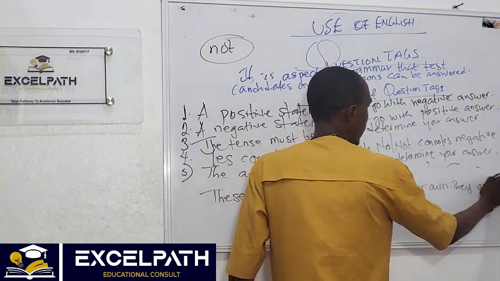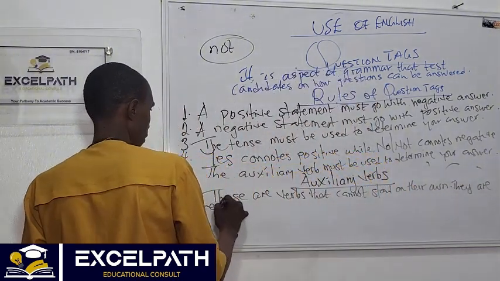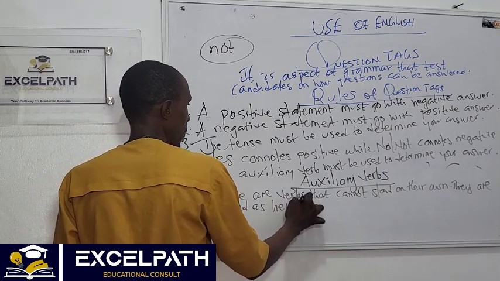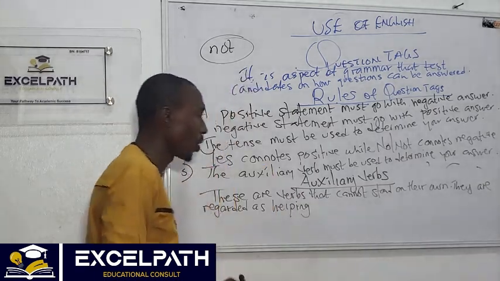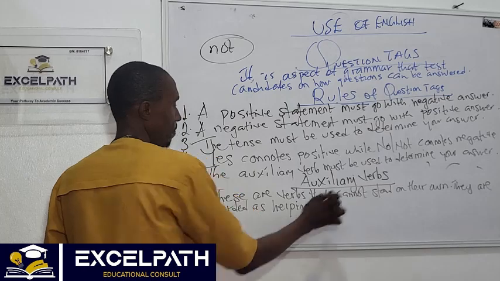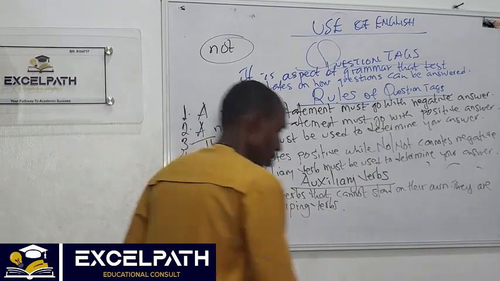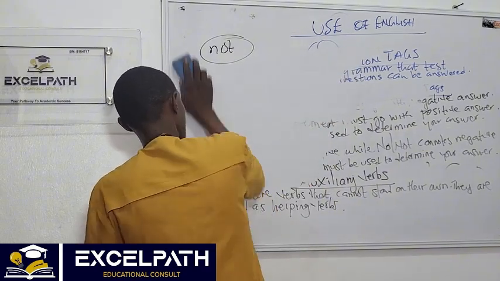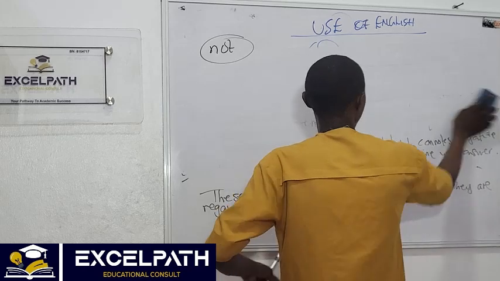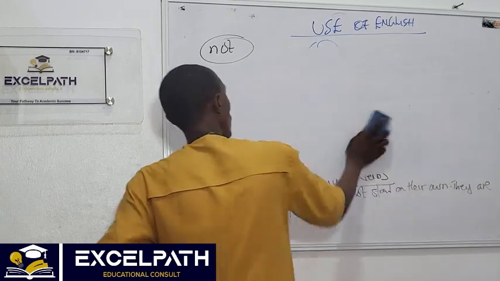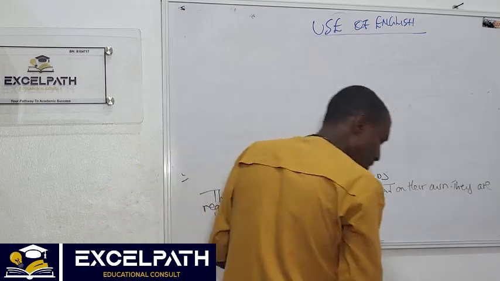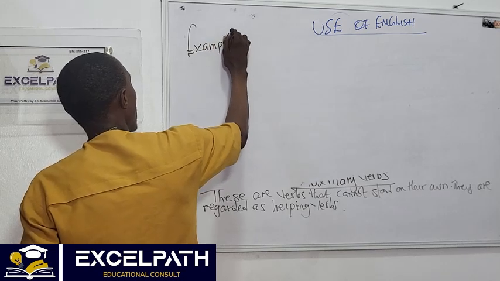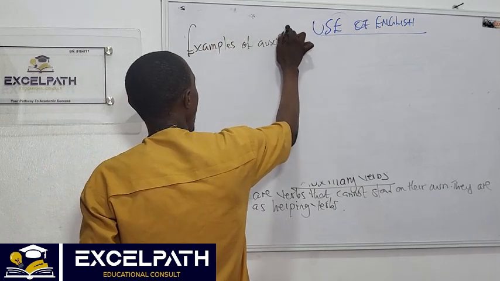They are regarded as helping verbs. So we want to look at those auxiliary verbs now. In this JAMB class, we cannot just be writing notes on types of auxiliary verbs. No, you may not be asked that. You will only be asked on how to make use of them. So let's go now, examples of auxiliary verbs.